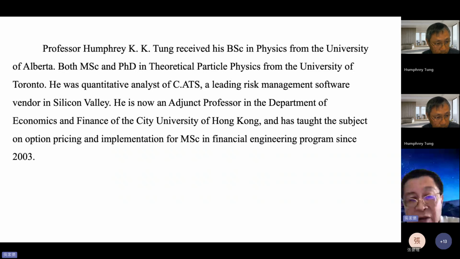He's now an adjunct professor in the Department of Economics and Finance of City University of Hong Kong, and has taught the subject of option pricing and implementation for master students in the financial engineering program since 2003.